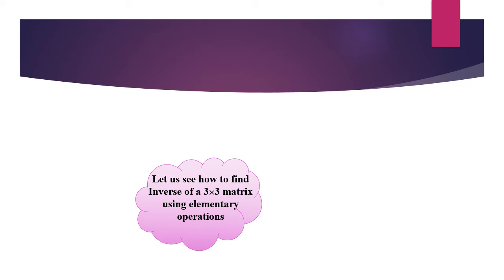Either you need to be perfect with row transformation or column transformation, because in the question they strictly mention elementary transformation. So you are free to use any one, either row transformation or column transformation. Next we will discuss the procedure for a matrix of order 3 cross 3.